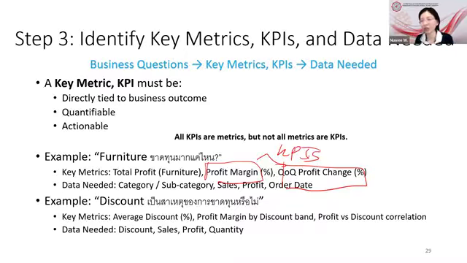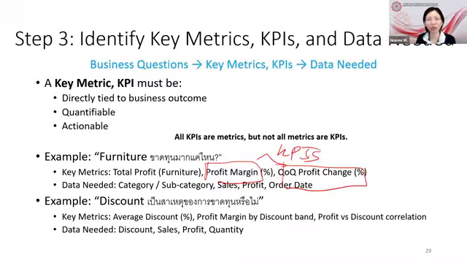If we come up with a business question that says, okay, discount is the reason for the loss, what are the key metrics? We need to know average discounts, and the profit margin by discount band. So if discount is 10%, how much do we lose? We need the correlation between profit and discount, so we know whether discount is the reason for the loss.